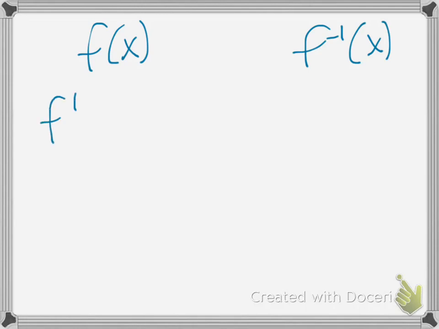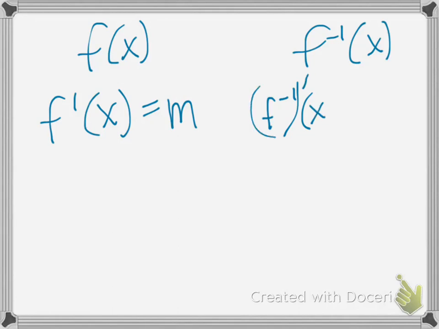Okay, to continue, if we have f of x and its inverse function, and we have a slope here, which is our derivative, so our derivative is the same thing as our slope, right? To find the derivative of the inverse, all you have to do is: f inverse prime of x, remember this is the derivative of the inverse, equals 1 over f prime of y.